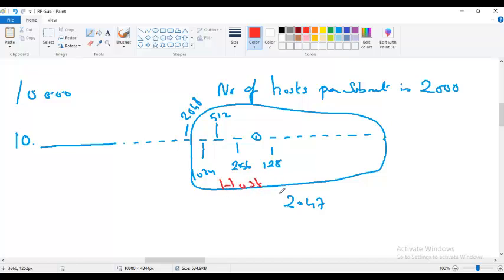What is the face value of this? It is 8. So we increment by 8 in the third octet. What will be the new subnet mask? Correct.